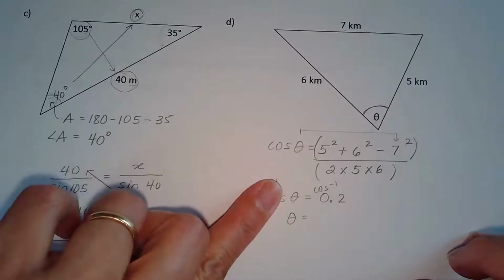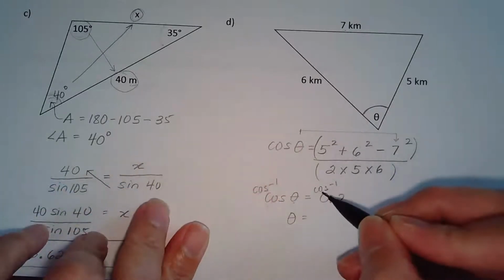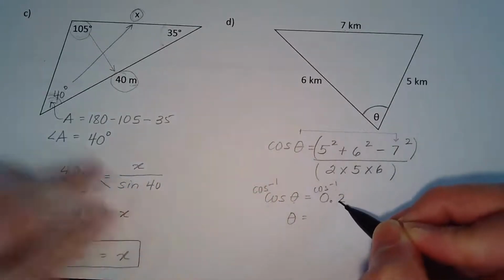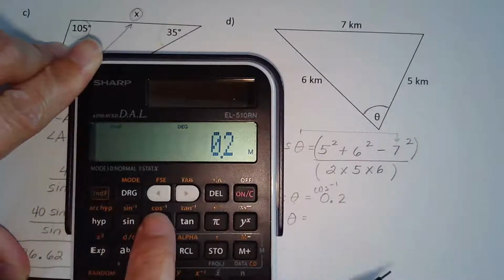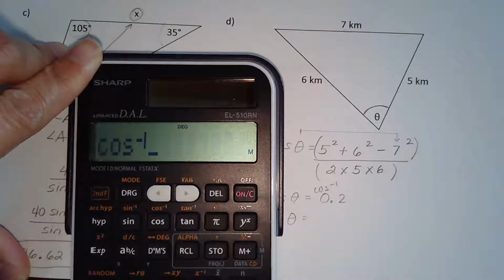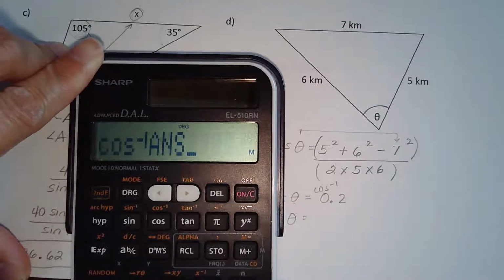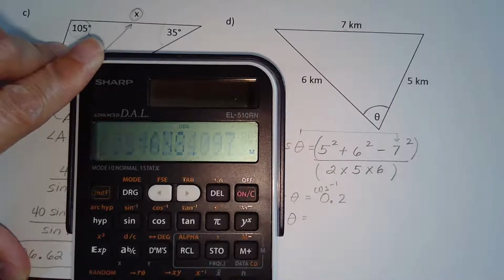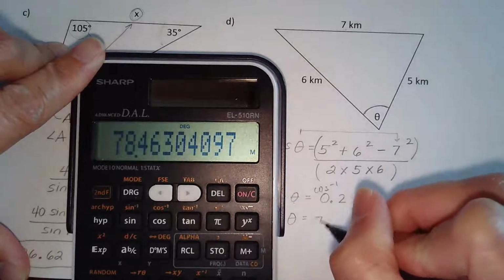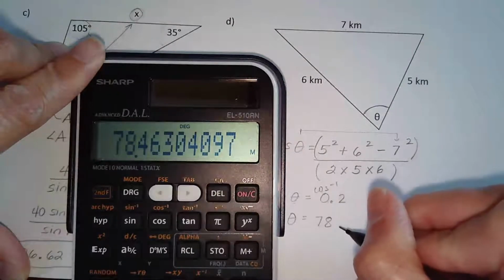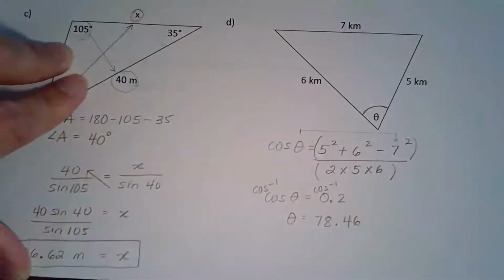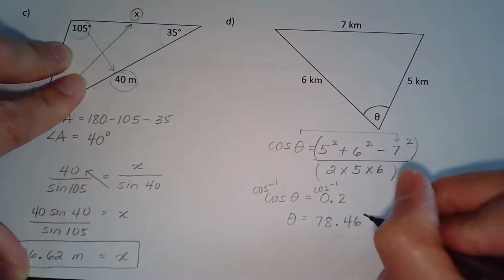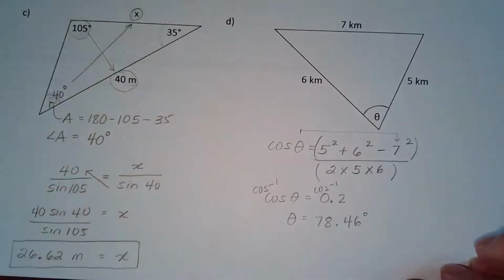It's just theta, and then here, cos inverse of 0.2. I'll just put answer, because that's my answer from before, and I get 78.46. So 78.46 degrees. Okay, so that's it.